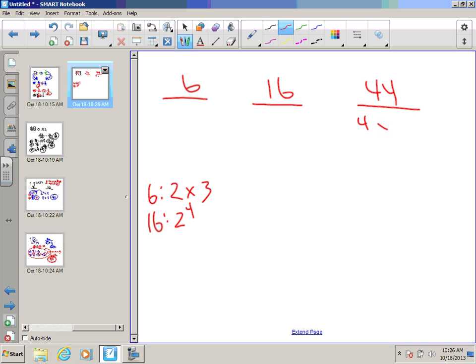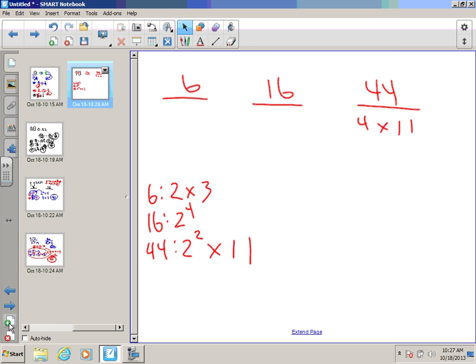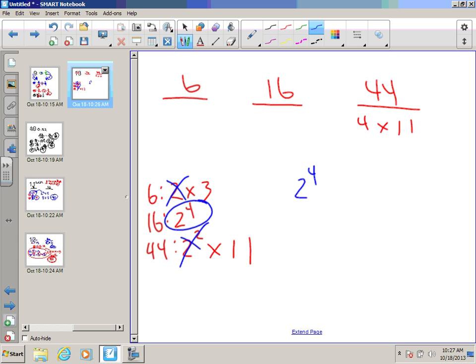And 44, 4 times 11, which is 2 squared times 11. Okay, so now that we've got that all squared away, 2 to the 4th and 2 squared, which one? So let's make sure we cross out those other ones so we don't reuse them. A 3, anything else? And an 11.